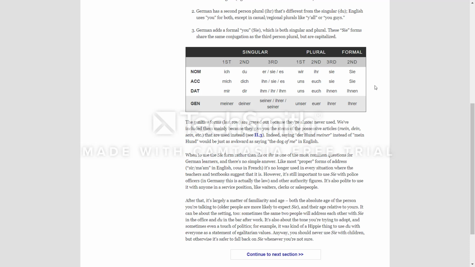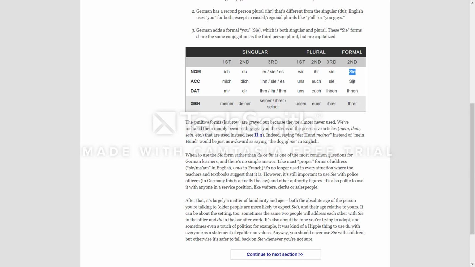The next thing to point out is the word sie. This word works overtime, fulfills too many functions, and it can be quite confusing. So the word sie means she. It also means they, and it also means you formal. So this is you formal for one person or for many people.